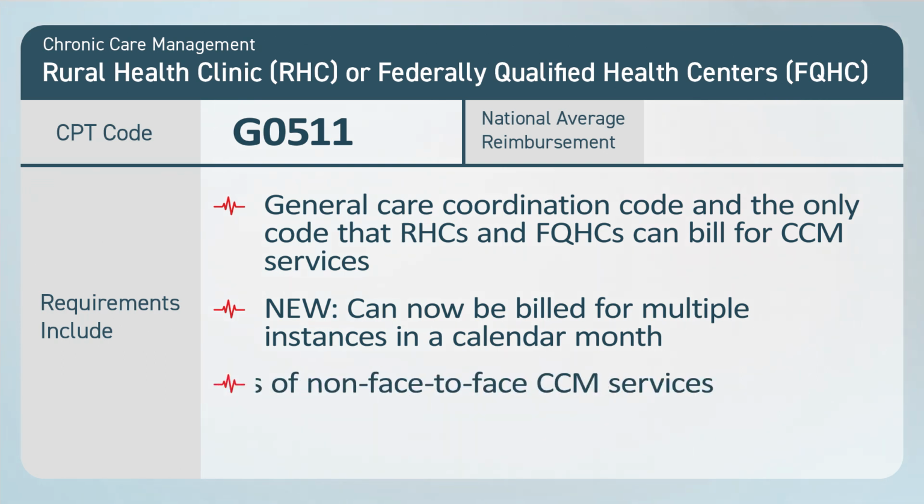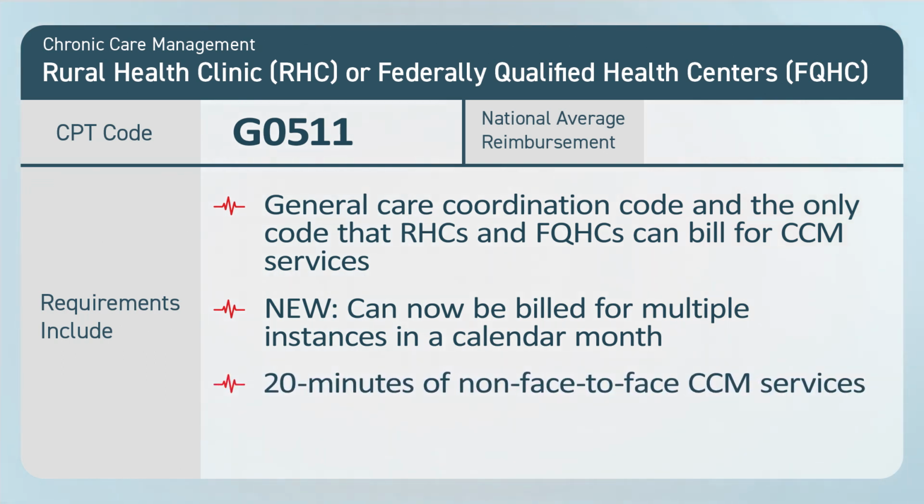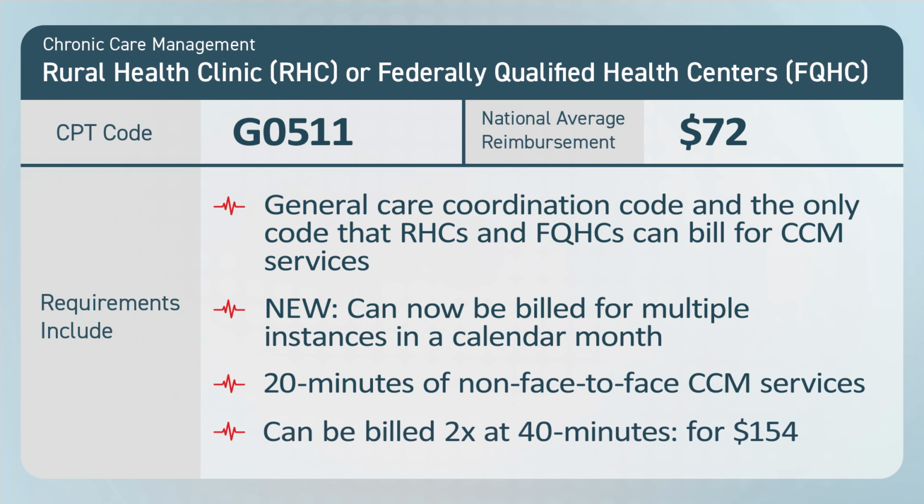G0511 is for at least 20 minutes of non-face-to-face services. The reimbursement average for G0511 is about $72. If an additional 20 minutes of non-face-to-face services are performed for CCM, G0511 can be billed again for a total of $154 for the 40 minutes.